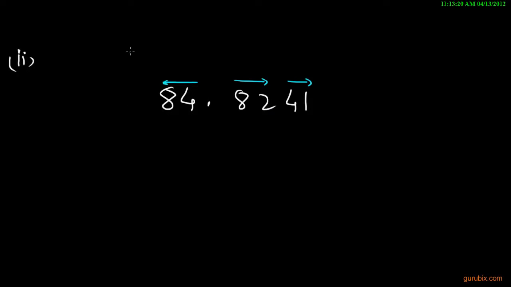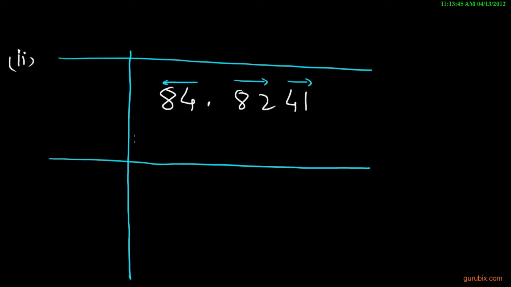And now we shall draw 2 lines here like this, and now we shall think of the largest natural number whose square is less than or equal to 84, and we observe that 9 is the largest number whose square is less than or equal to 84. If we multiply 9 with 9, we get 81, and if we subtract 81 from 84, we get 3.